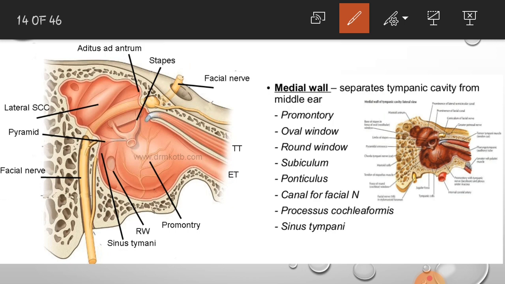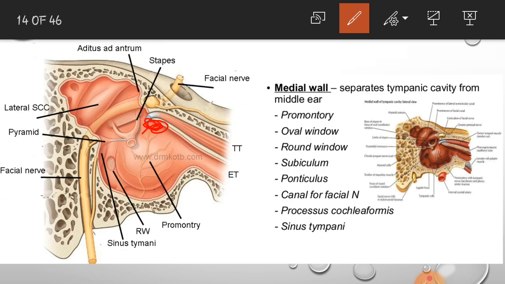This bony shelf is there so the tensor tympani muscle can pass above it, and then it has a sharp projection at the end, around which the tendon of the tensor tympani muscle turns to take its course in the other direction, right?